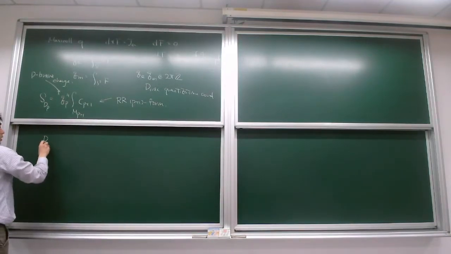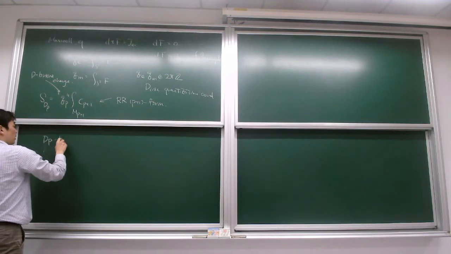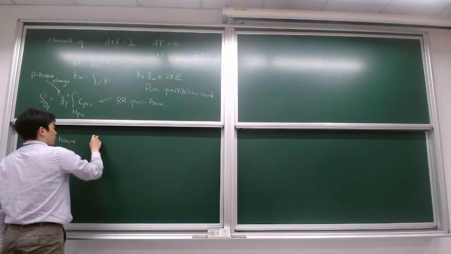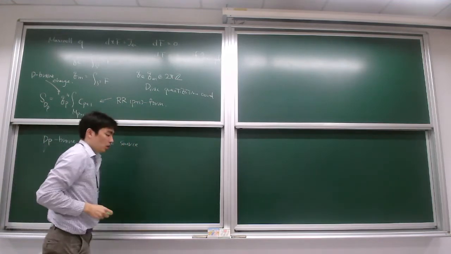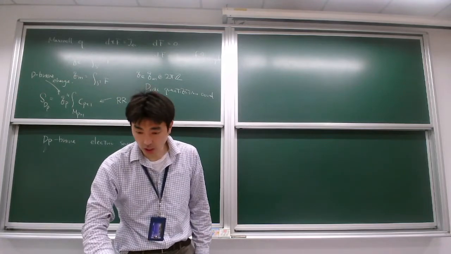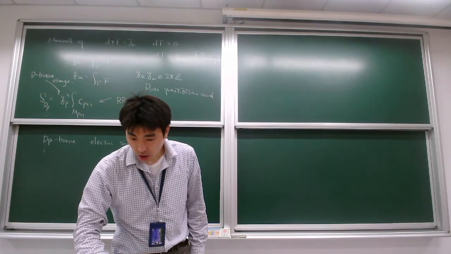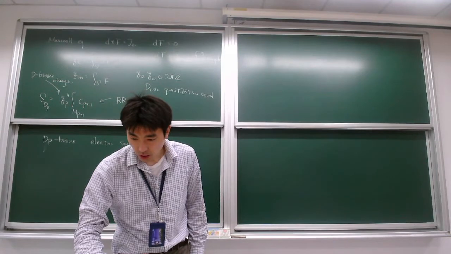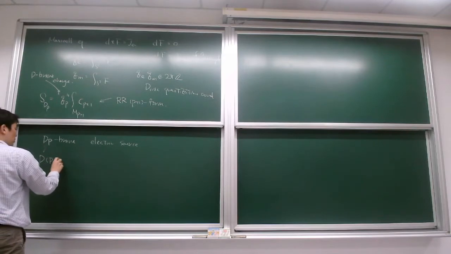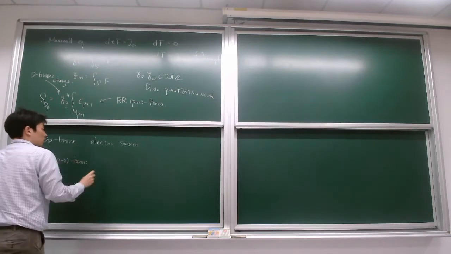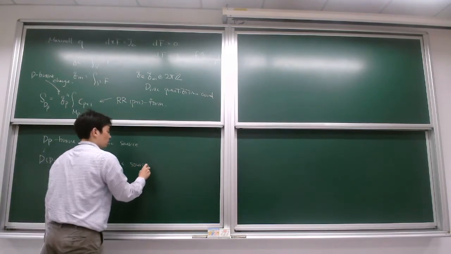So the Dp-brane is the electric source, and also the D(D minus p minus 4)-brane is the magnetic source.